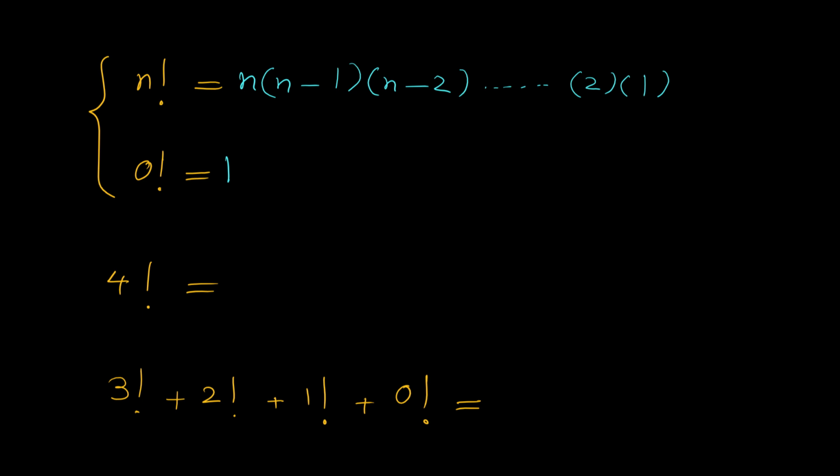As we did before, we want to calculate 4 factorial. We know already 4 factorial is 24. It's good to memorize the factorials of these small numbers. Let's do the calculation again. 4 times 3 times 2 times 1, which is 24. 3 factorial is 3 times 2 times 1, which is 6. 2 factorial, 2 times 1. 1 factorial is 1. 0 factorial, we have defined as 1.